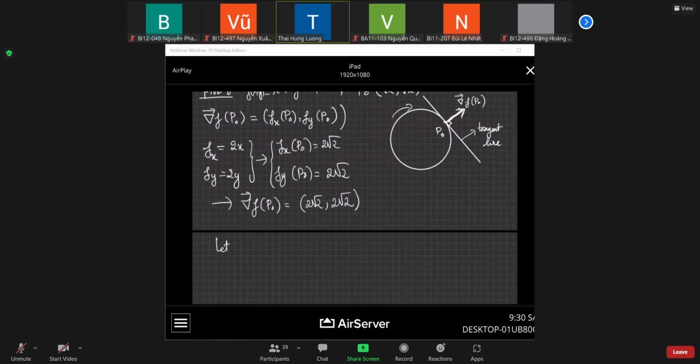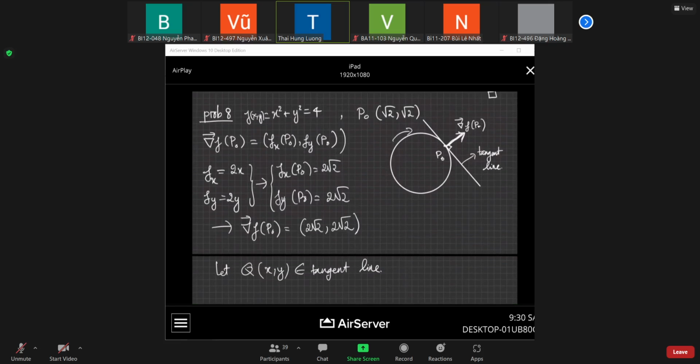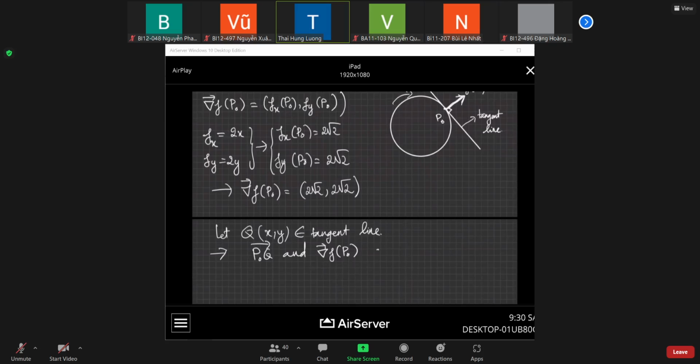So I take a point Q with coordinates (x, y) belonging to the tangent line. Then from my remark, the vector P0Q and the gradient vector of f at P0 are orthogonal, right?